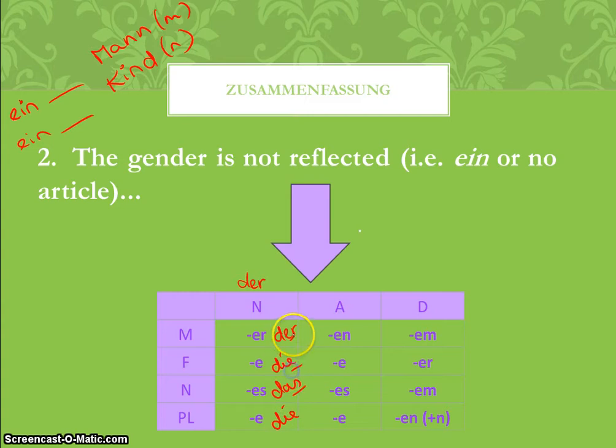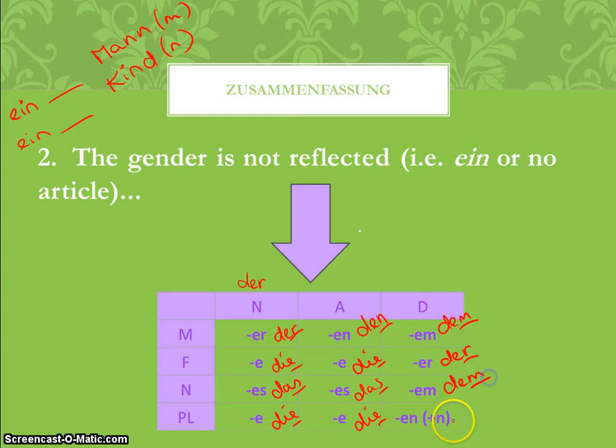We have the last letter there, and then den, die, das, die. So you already know all these endings, okay? You just have to remember that if the gender is not reflected in front of the adjective, we have to use those endings, okay? So here we have dem, der, dem.